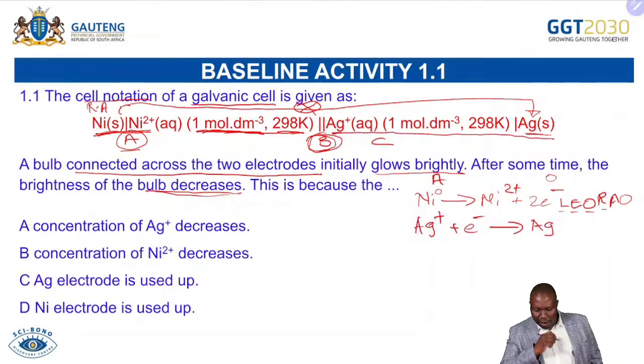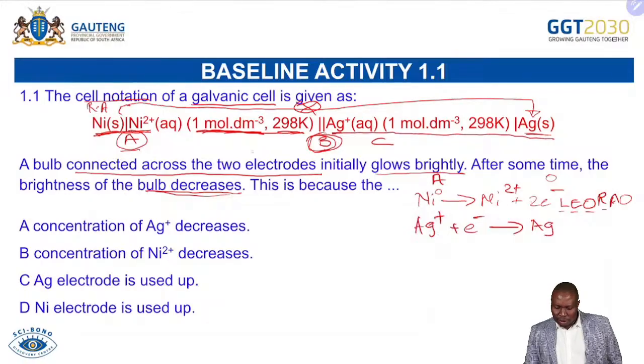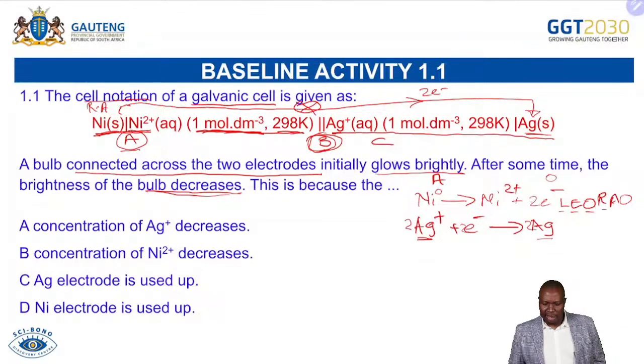So as the electrons move from the reducing agent to this side, the strongest oxidizing agent, which is Ag+, will gain those electrons to form Ag. The electrons moving in that direction are 2 electrons, so we have to balance the electrons so that all of them have 2 electrons involved.